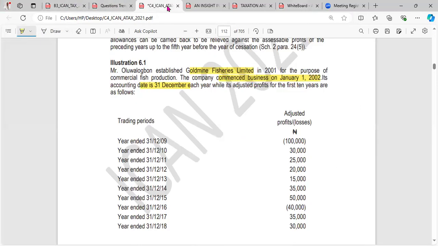So now let's go down. Illustration, we call it illustration 1, illustration 6.1. So this is the topic, loss relief.